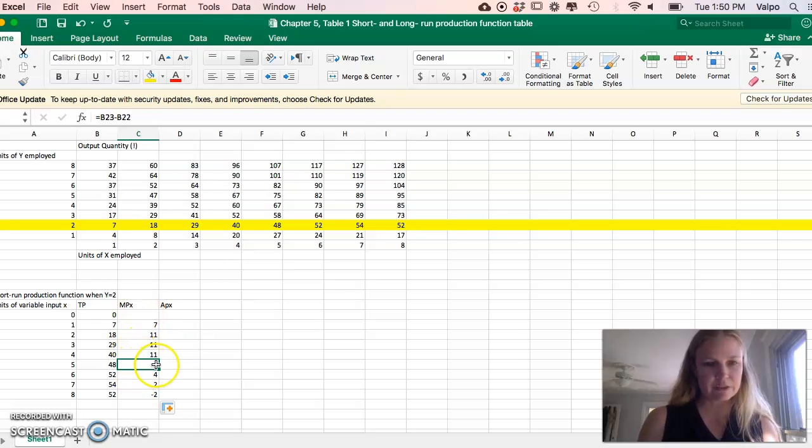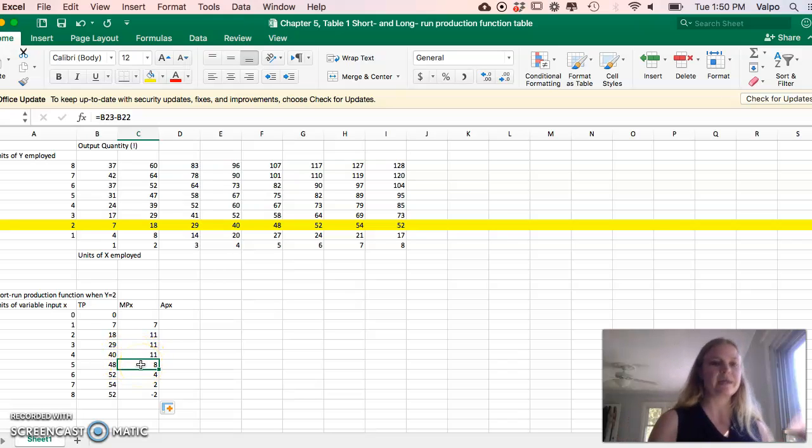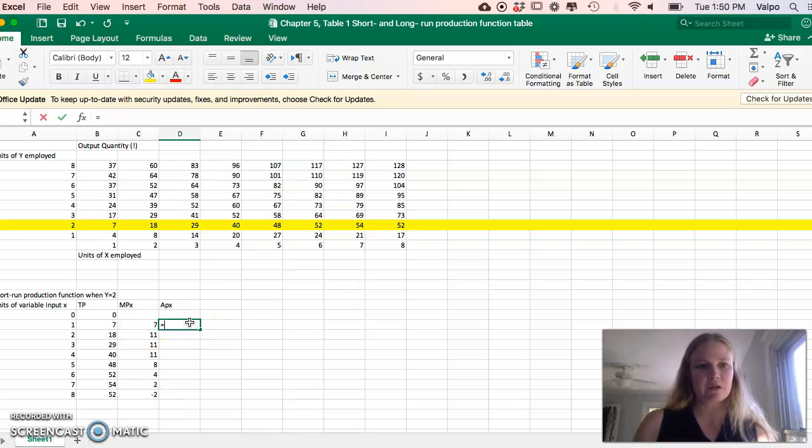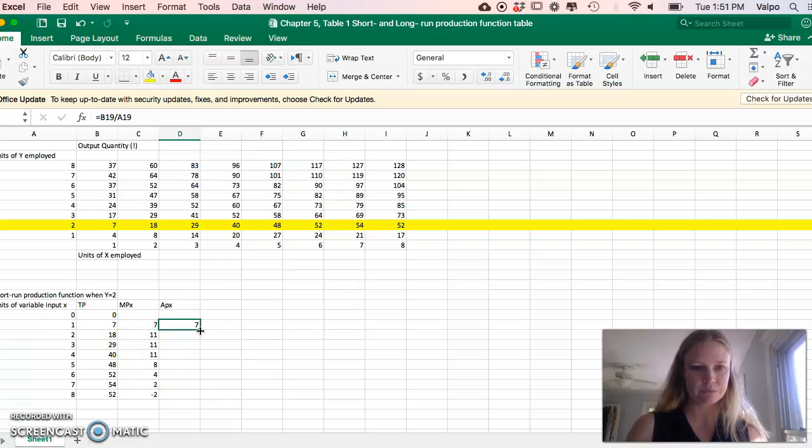But then we enter this period where if you go from 4 to 5 workers, it only increases your total product by 8. Then if you go from 5 to 6, it only increases total product by 4, etc. We're going to see that this is diminishing returns. Average product, you just take total product divided by the units of variable input X, which I'm just calling labor here, and it looks like this.